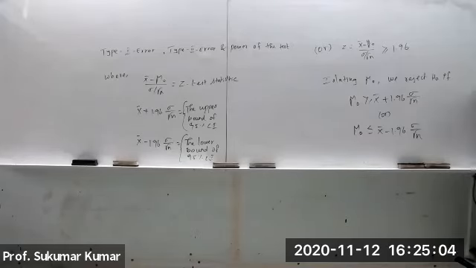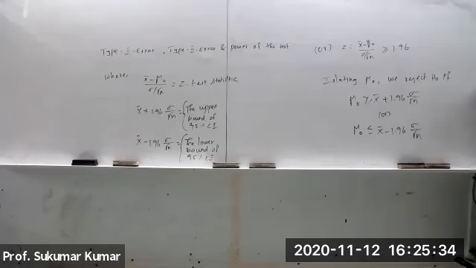Next note, write this down. Note, first one: if the hypothesized value, meaning here mu naught, falls outside the confidence interval, then we reject the null hypothesis.